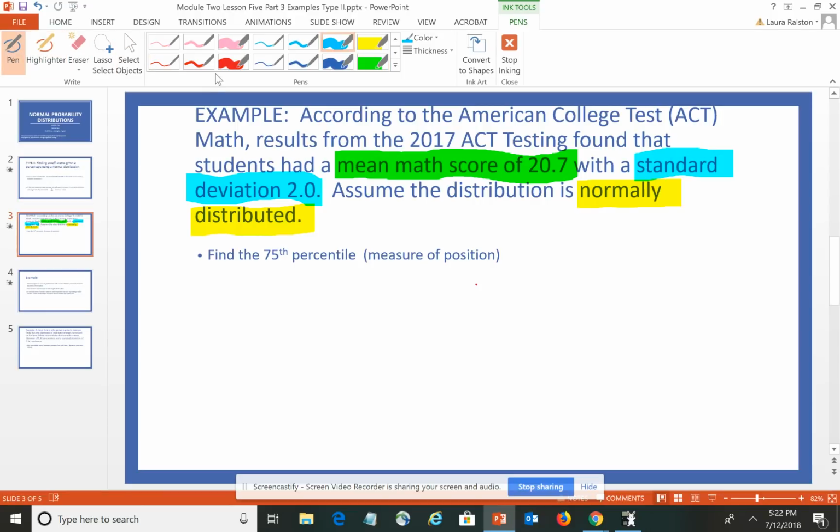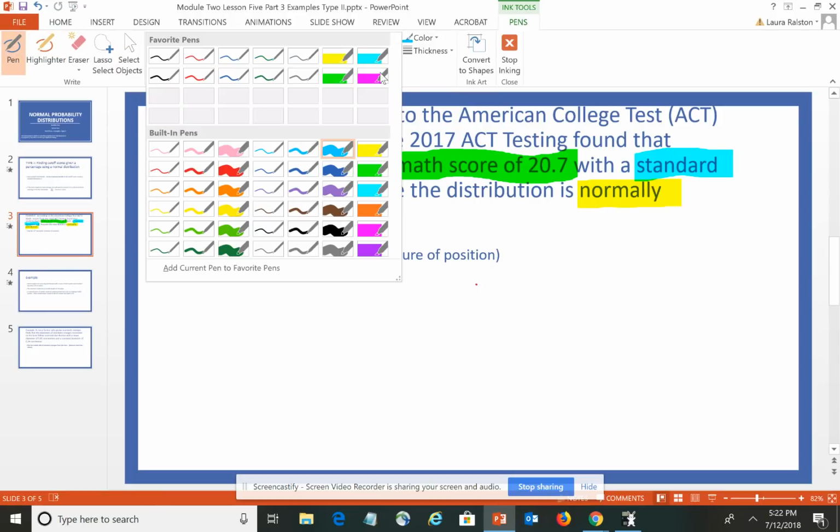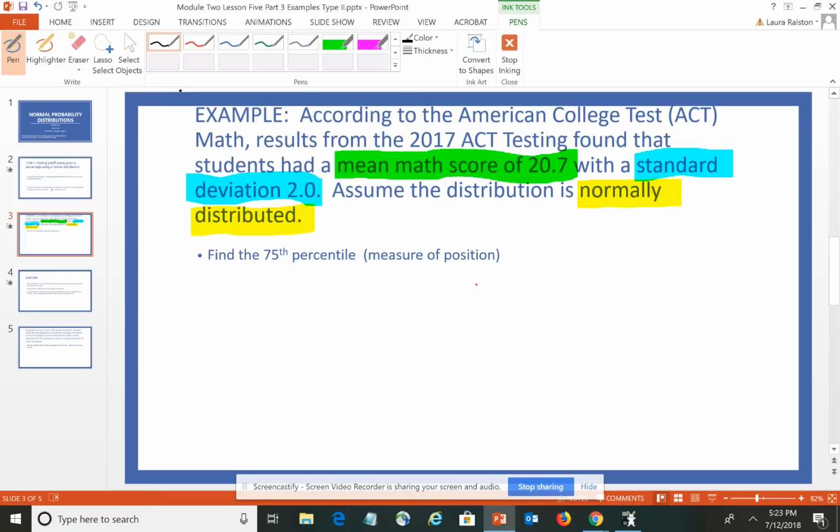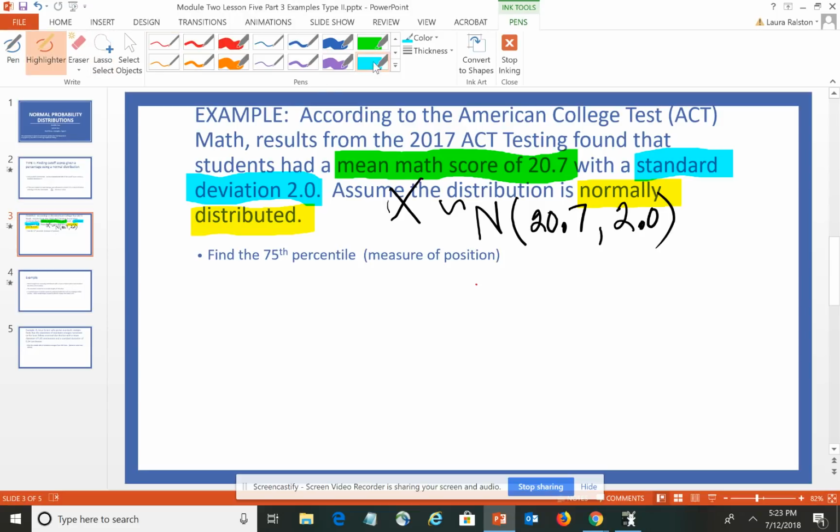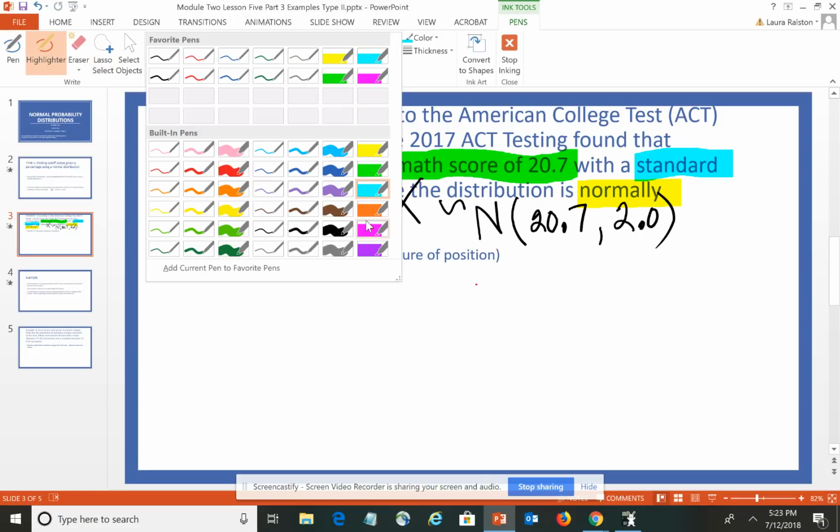Also, remember that that same information could be presented in symbol form, and so you would have X is approximately normal with a mean of 20.7 and a standard deviation of 2.0. It's just the shorthand notation. Notice how the question is worded here. It says find the 75th percentile.